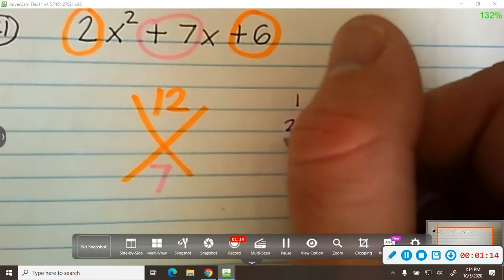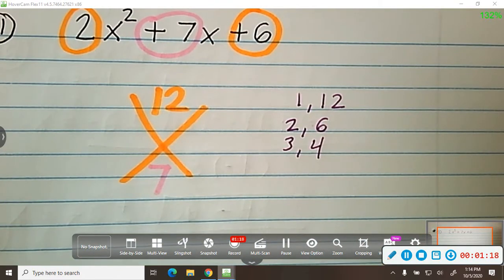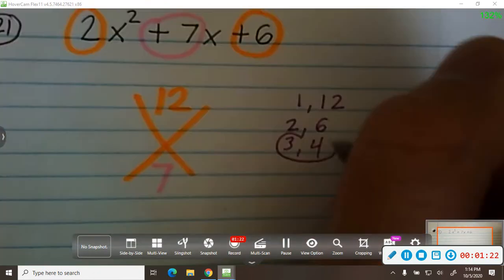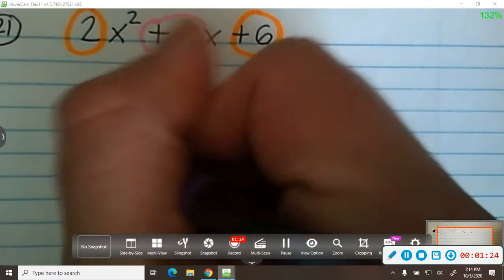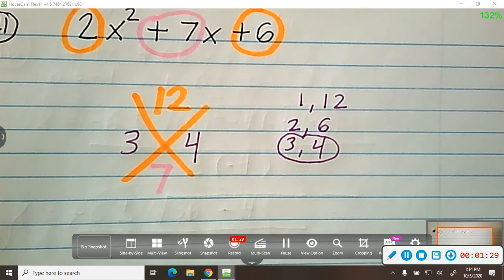And then 3 and 4 multiply to 12, and then when you add them, you get 7. So that's the numbers I want, 3 and 4. If you put 4 and 3, same thing. Okay.